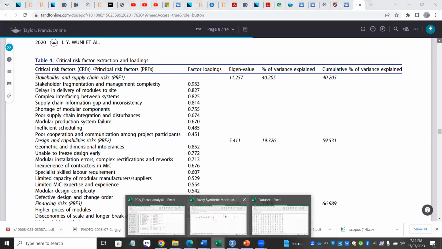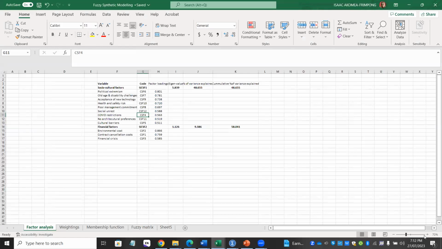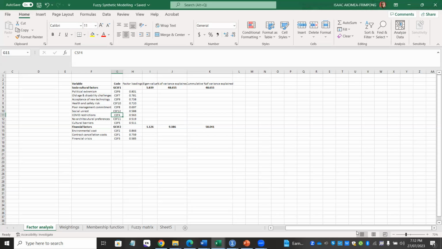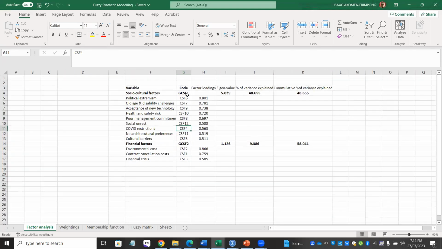So let's see. I've already done that. Once again, as I mentioned, for the sake of time, because if we were to do this one by one, it would take us the whole day. So I've done this already. As you can see, the coding, the factor loadings, eigenvalues, I decided to give them names. And these represent some factors.